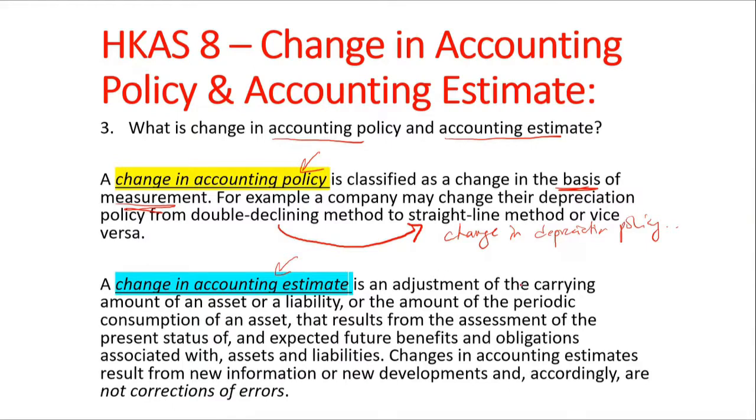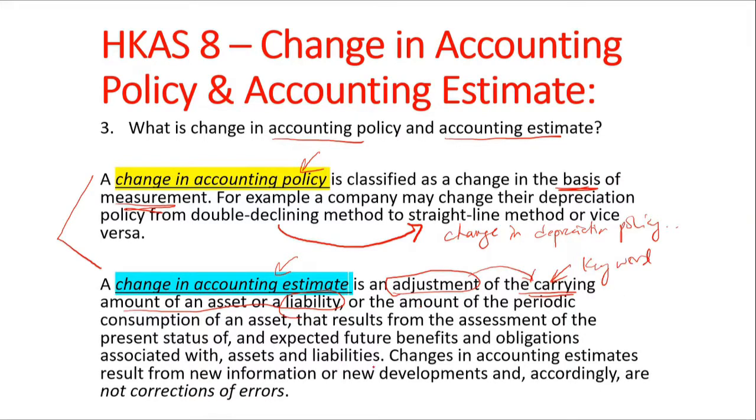A change in accounting estimate is when there's a change in the carrying amount of an asset or liability. So you have to focus here. This is the keyword which differentiates between accounting policy and accounting estimate. That is, this is an adjustment to the carrying amount.